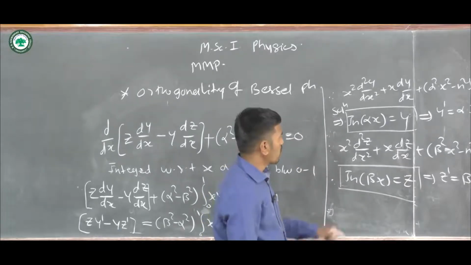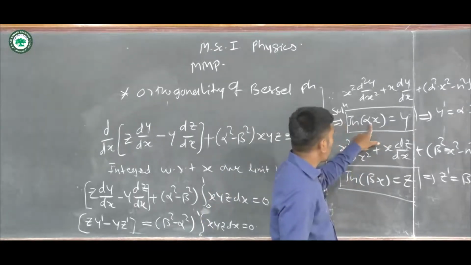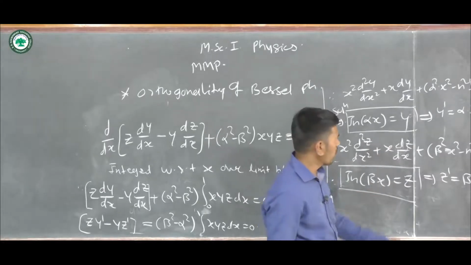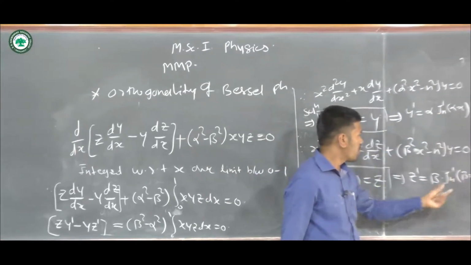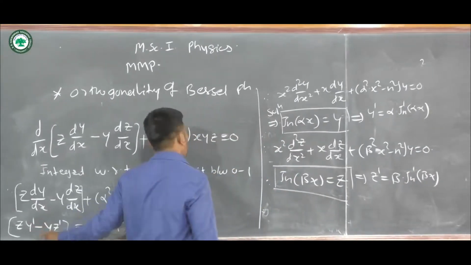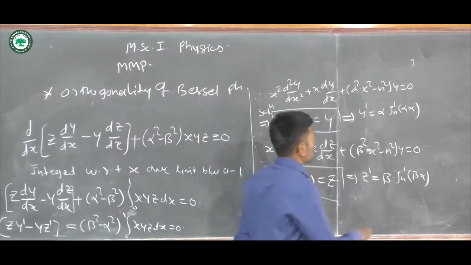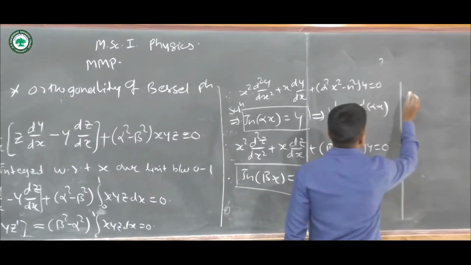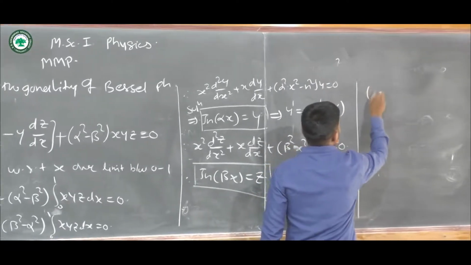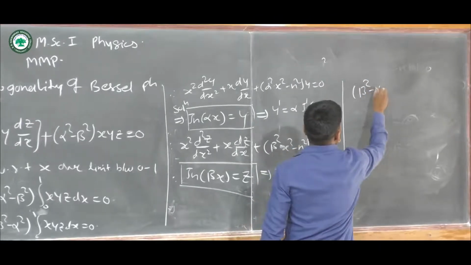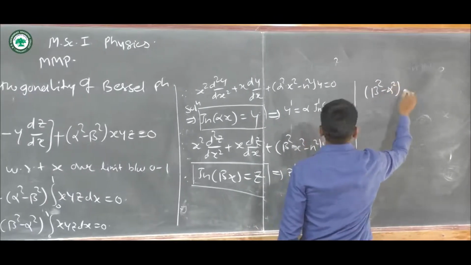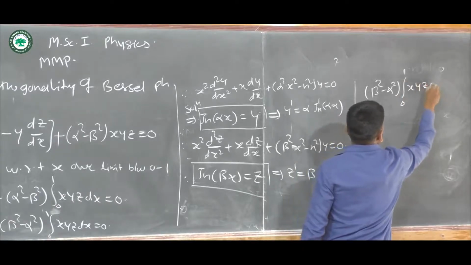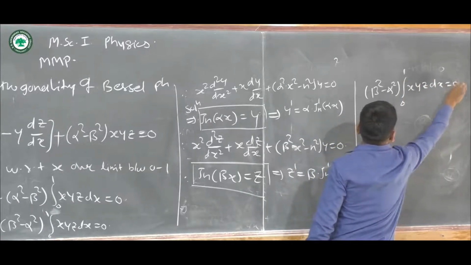Okay, so jn alpha x is equal to jn beta x is equal to 0. Okay, so these things are equal to 0, and obviously this bracket is equal to 0. Okay, so if this bracket is equal to 0, so we can write beta square minus alpha square integration over 0 to 1 x y z into dx is equal to 0.